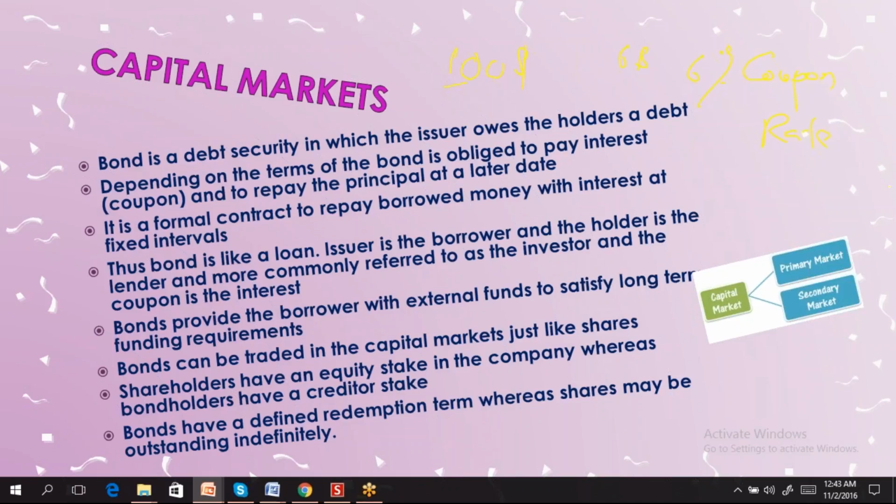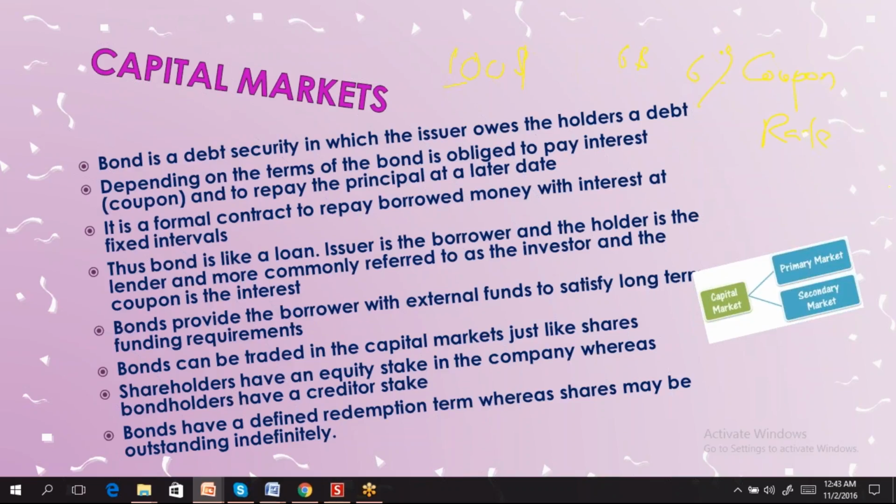Sorry, the issuer is the borrower. We who invest are the lender or the investor. So generally bonds provide some kind of external source of funding, and they are generally long-term funding. Money market is short-term funding. Bonds are long-term funding.